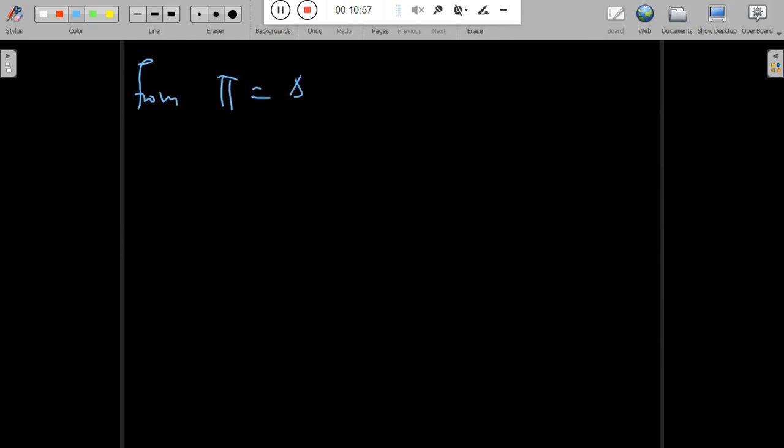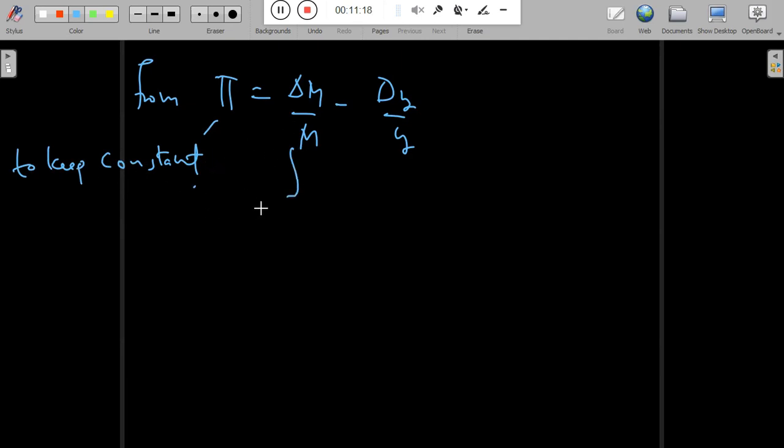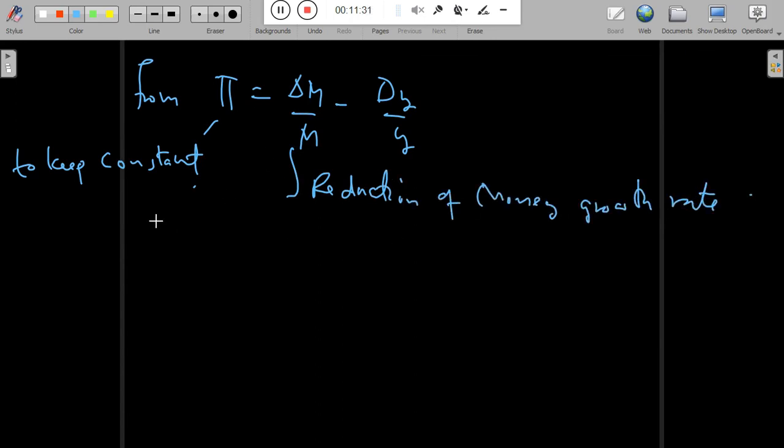So the inflation rate is given as the change of money supply minus the change of output level. Remember, if the inflation is kept constant, any reduction of the change of money supply will also lead to a reduction of the inflation rate.